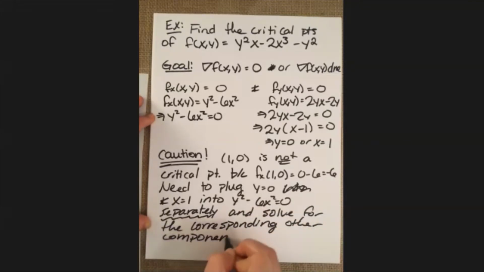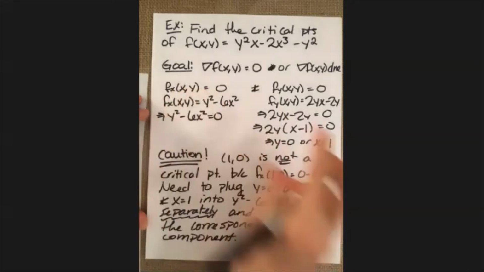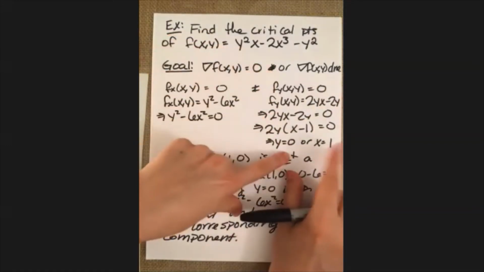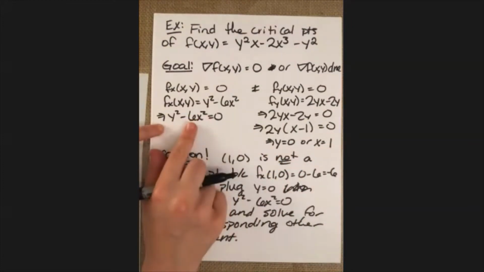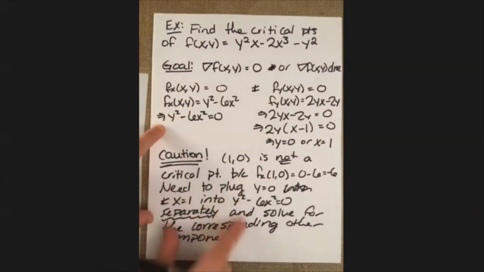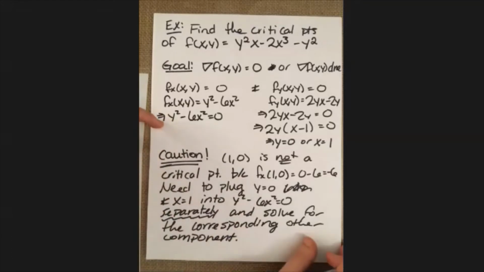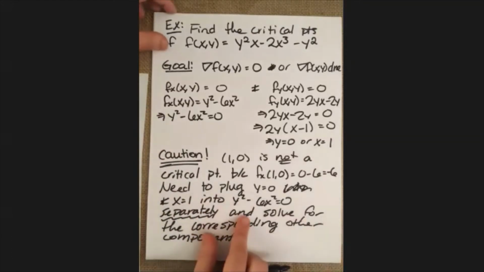Okay, so something to be really, really careful of is if, when you solve for one of them, you get two options here, do make sure that it makes sense over here, because if it doesn't, you're going to have to go through this process of having to solve for the other piece separately. So let's dive into that and see what that's going to wind up looking like.